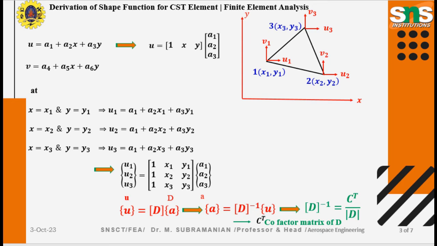So if I substitute x is equal to x1 and y is equal to y1, then I will get u1 is equal to a1 plus a2 x1 plus a3 y1. In the place of x substitute x1, in the place of y substitute y1. Then similarly at x is equal to x2, u2 equal to a1 plus a2 x2 plus a3 y2.